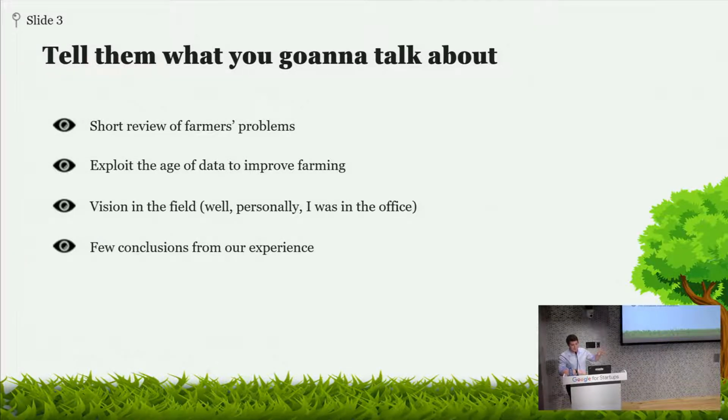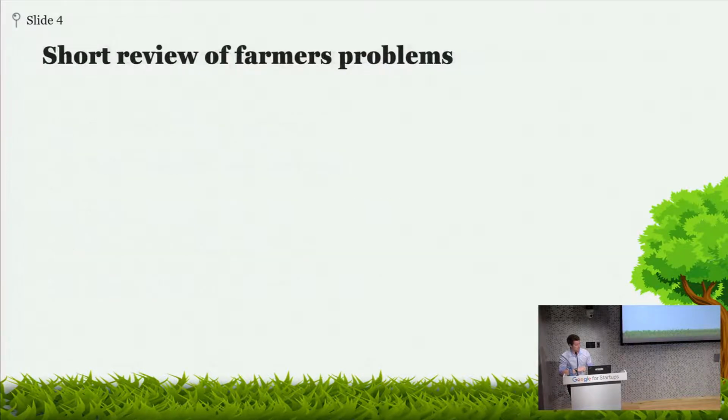We will present a few conclusions from our experience, and finally, I will show you a template for how to solve computer vision tasks in agriculture. Specifically in agriculture; this is not true for every domain.